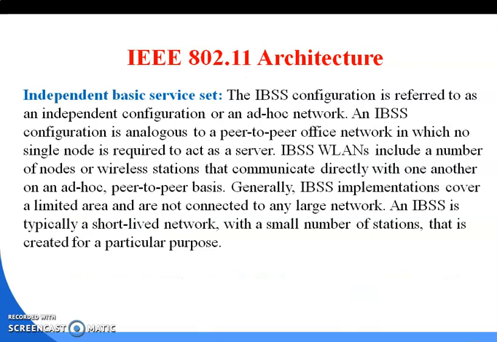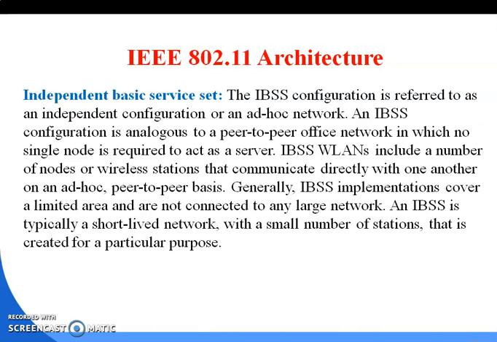The first one is the independent basic service set. The IBSS configuration is referred to as an independent configuration or an ad hoc network. An IBSS configuration is analogous to a peer-to-peer office network in which no single node is required to act as a server. Like peer-to-peer, every node has an independent configuration.